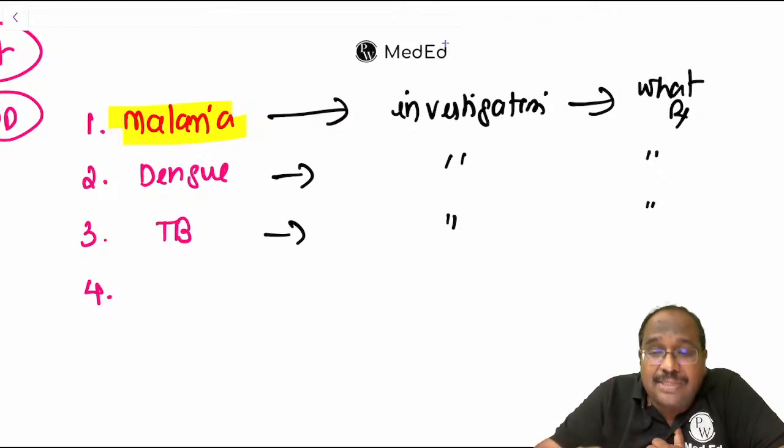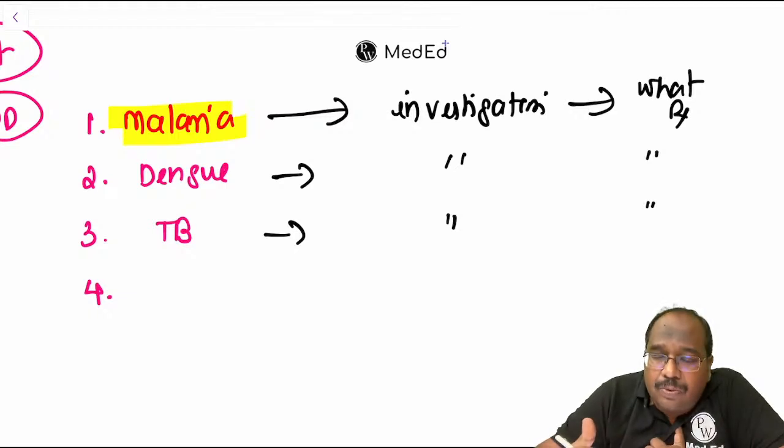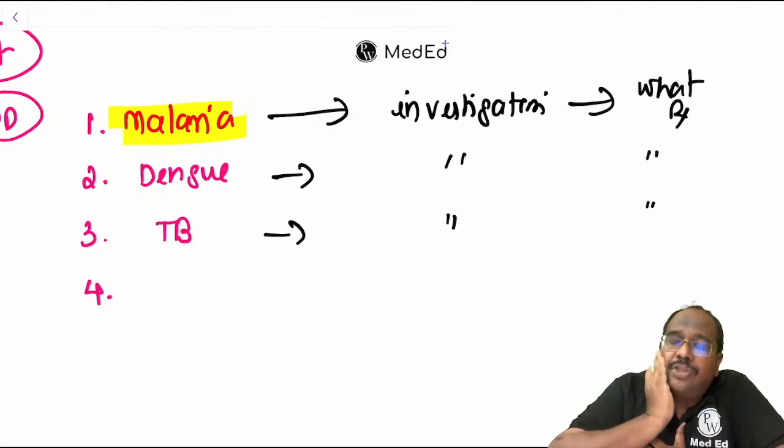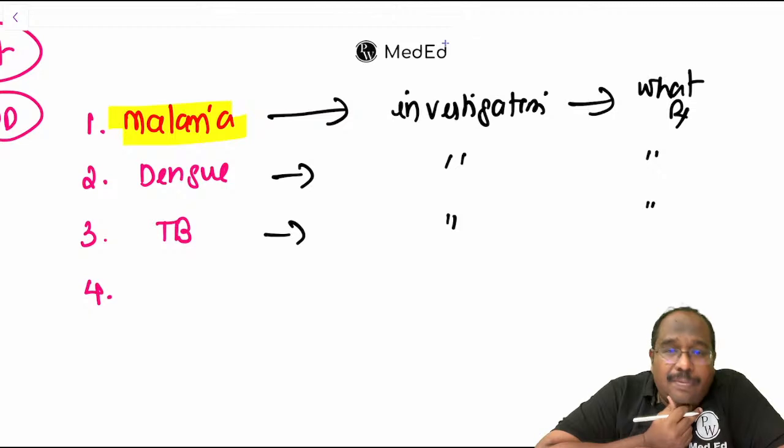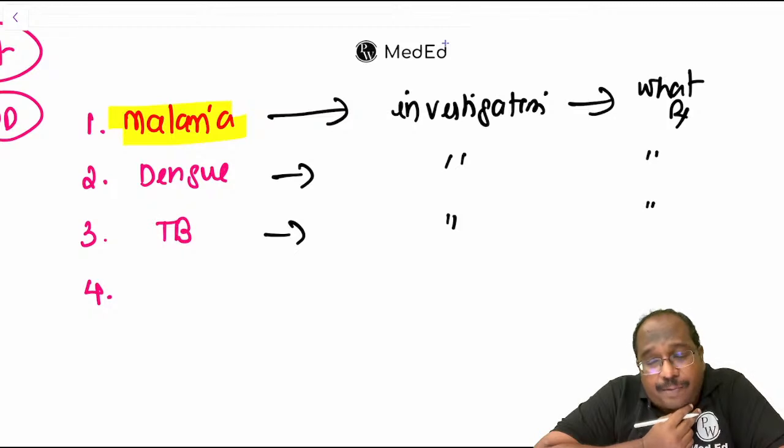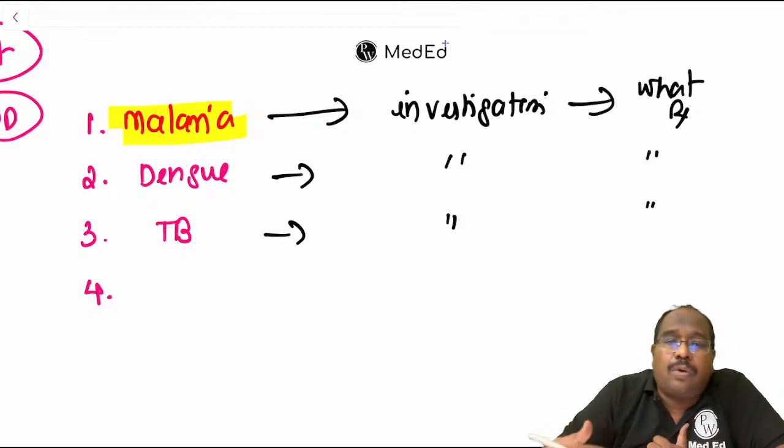So you have to ask history. Are there any chills and rigors? Is intermittent fever there? Dengue means the fever can come with joint pains, and retro-orbital pain may be there. What about TB? The patient may have a cough, and weight loss may be there. So you can go like that.